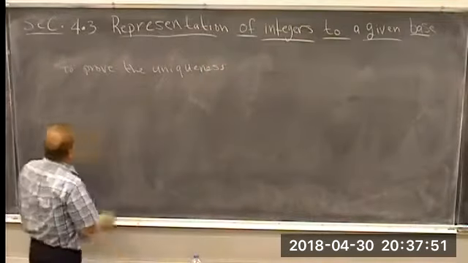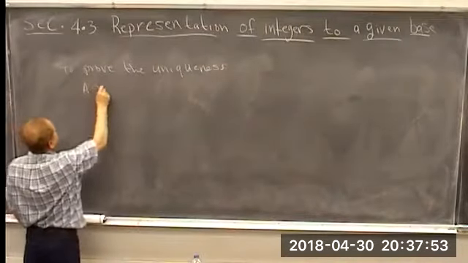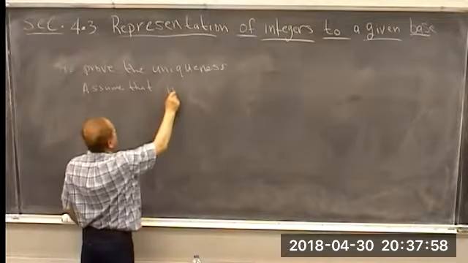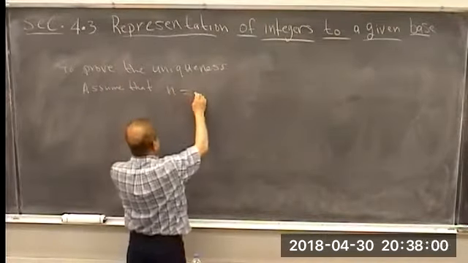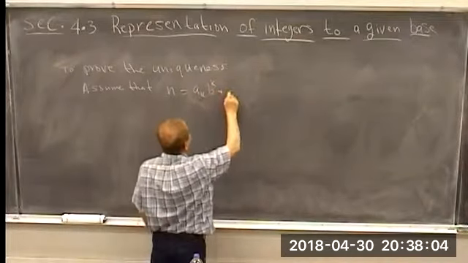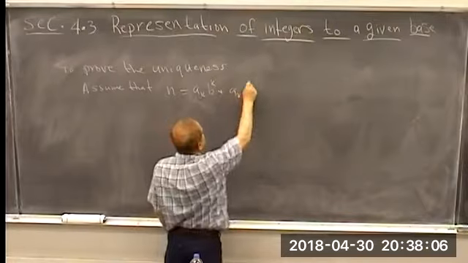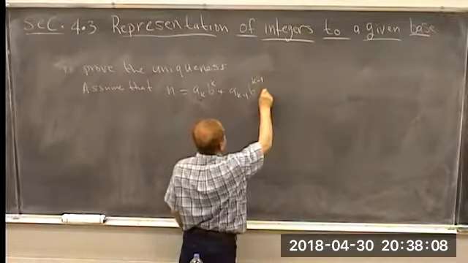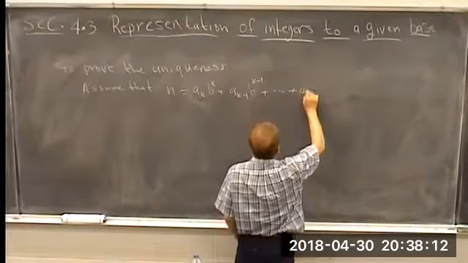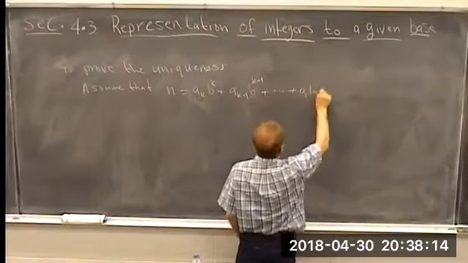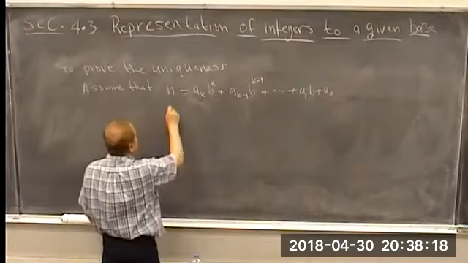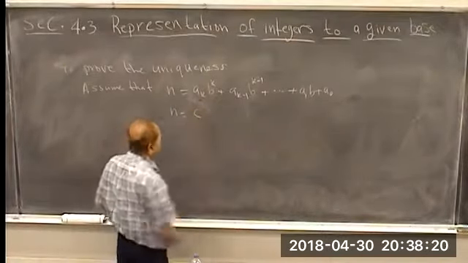So we're going to assume that n is equal to a to the k, b to the k, plus a k minus 1, b to the k minus 1, up to a 1 b plus a sub 0. Also, we're going to assume that n is equal to c.